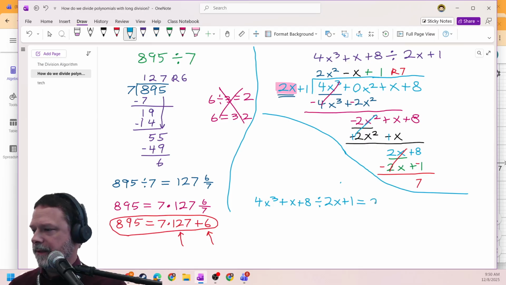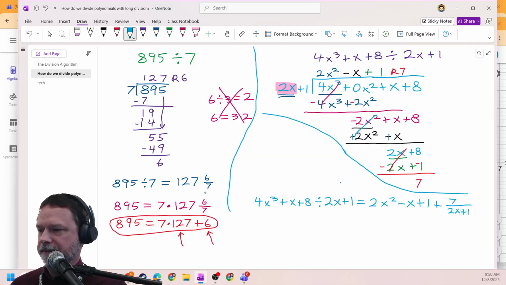So we could say it's also the same as 2x squared minus x plus 1 plus 7 over 2x plus 1. Just like we did right here. Same exact thing.